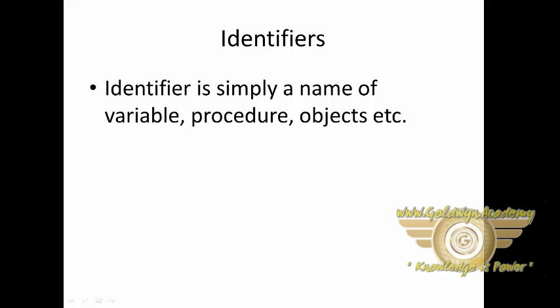So let's say there is a person and his name is Ramesh. Whenever we want to refer to him, we call Ramesh. So that is how we know that we are referring to a particular person. In the same way, in Visual Basic or in any other programming language, identifiers are the name for the thing. So here, identifier is the name of a variable, procedure, or object.